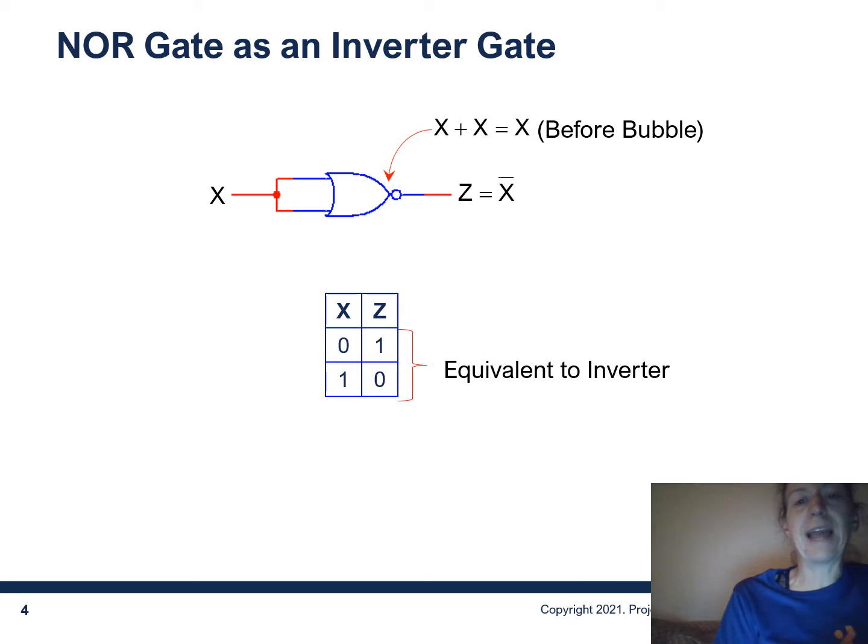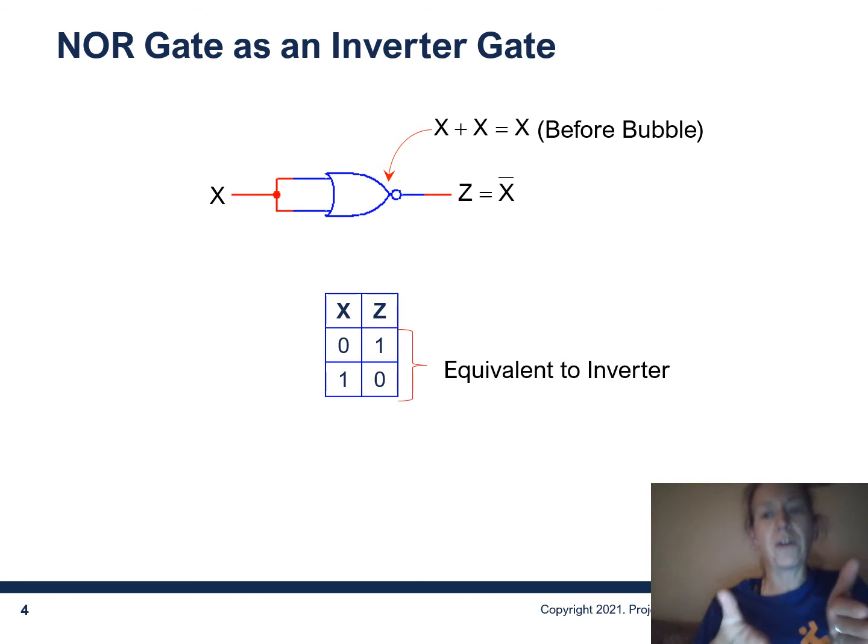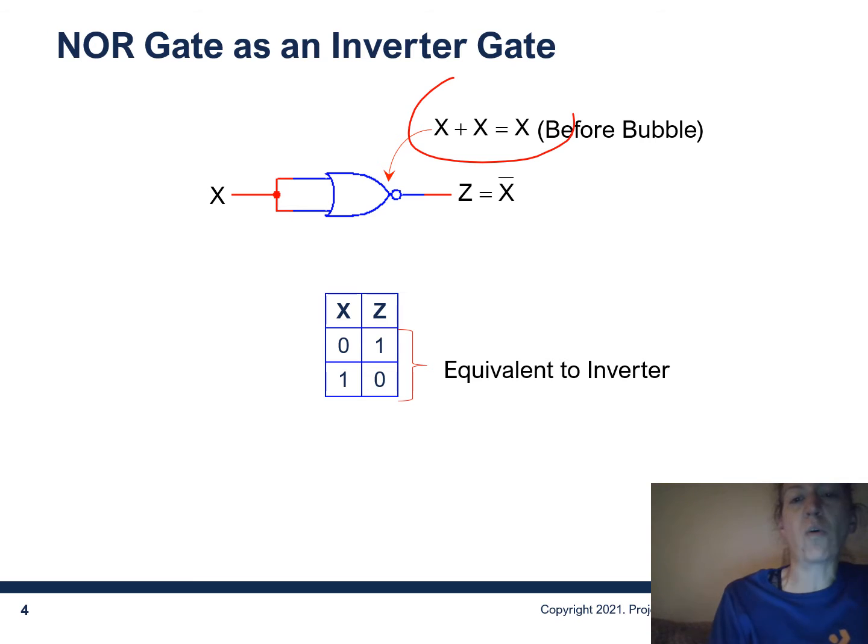So how do we get our AOI logic? The inverter is really the same as for a NAND. If you want to take a NOR gate and turn it into an inverter, you split the input and just run it into both inputs on the gate, and that should work to invert it. So if you have X or X, that's just X. There's the OR part, and then we negate it with the little bubble there, and that gives us X bar.